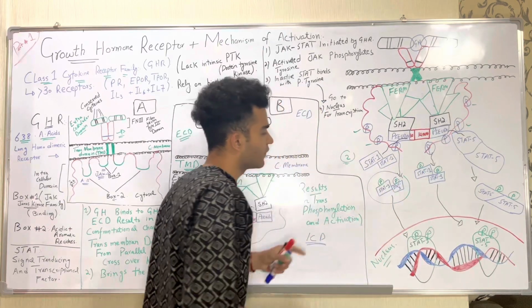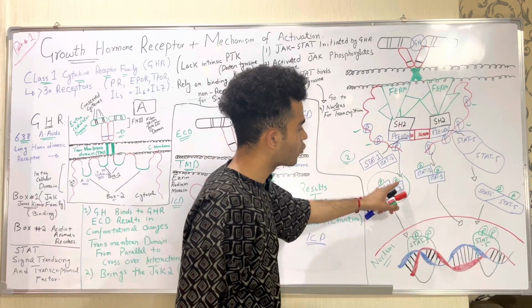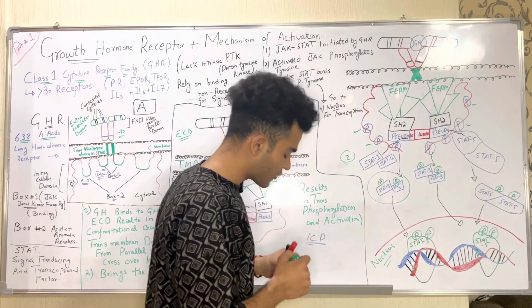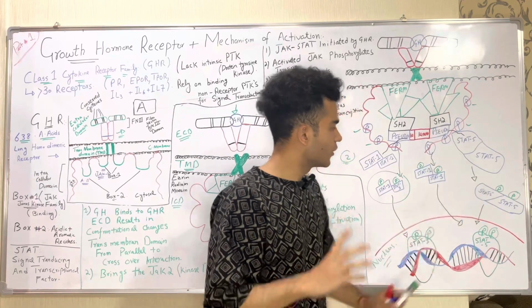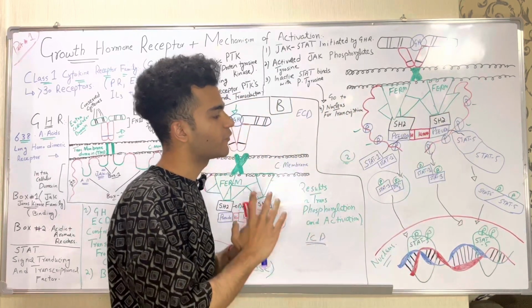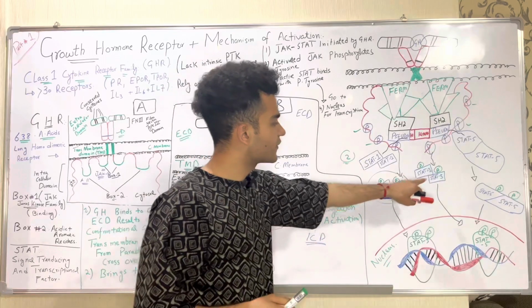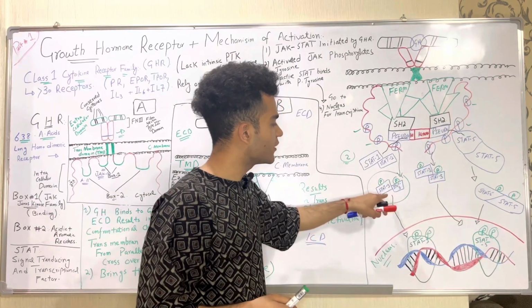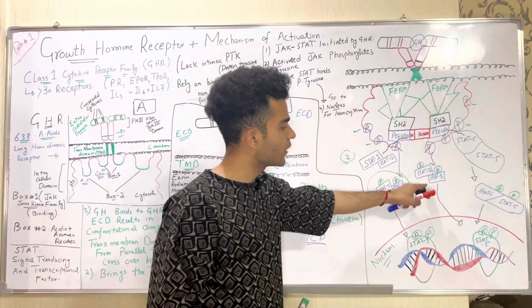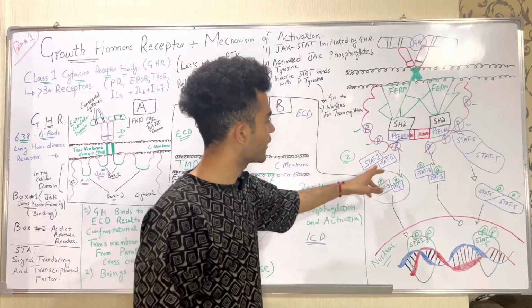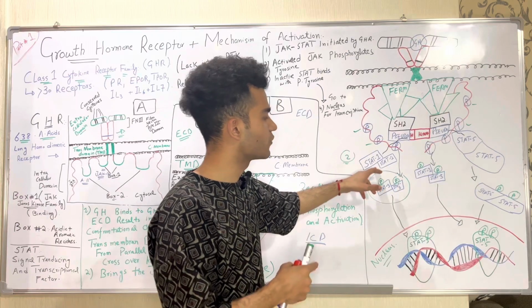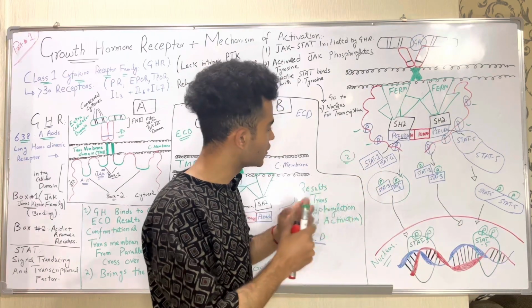It means they will now have phosphate groups attached. Remember here that STAT5 binds to STAT5 only, while STAT3 can bind with itself and can even bind to STAT1, and STAT1 binds only to each other.